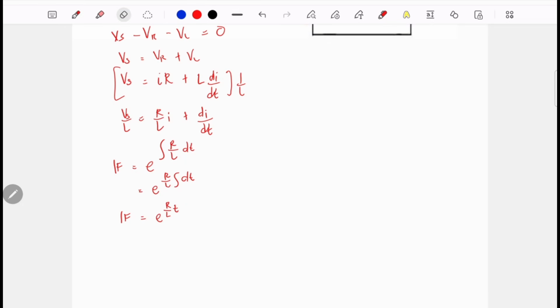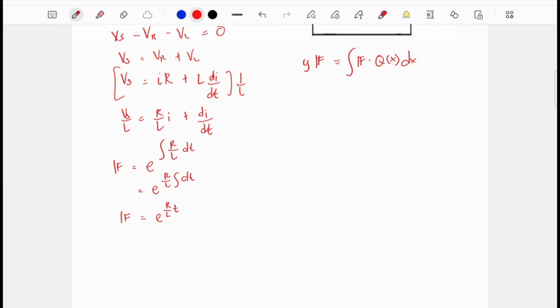Next is to use the formula. Before, our formula is y times IF equals integral of IF times Q of x dx. That is when it is linear in y.